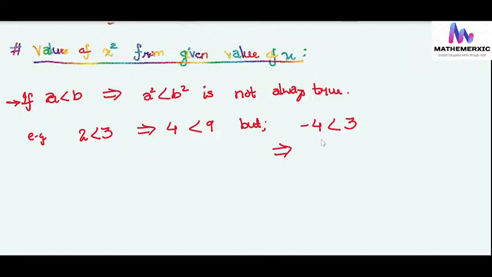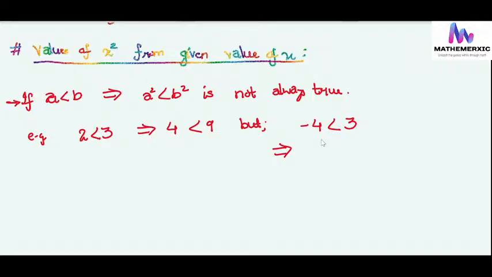If x is greater than 2, then x square is greater than or equal to 0. And why are we having this? Minus 4 is less than 3.